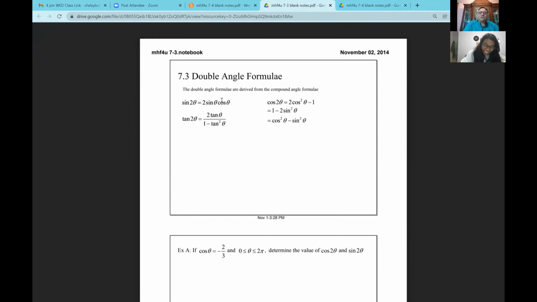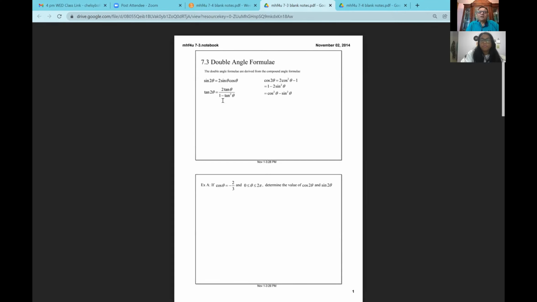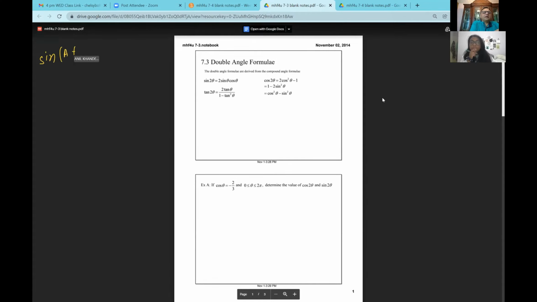Last time in our class, we did see how to derive these formulas. So we know how to derive from the sum or compound angle formula, correct? Can you reduce your screen so I'll get more writing space on the sides? Basically, we know that sine of A plus B, you can write alpha and beta also, is equal to sine A cos B plus cos A sine B, correct?